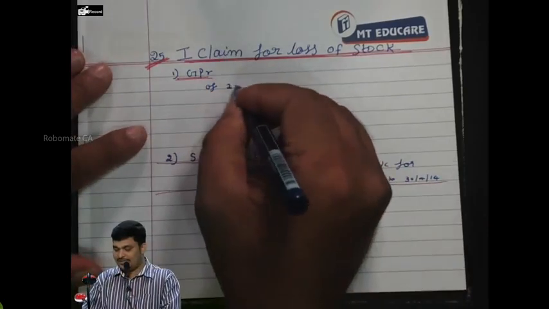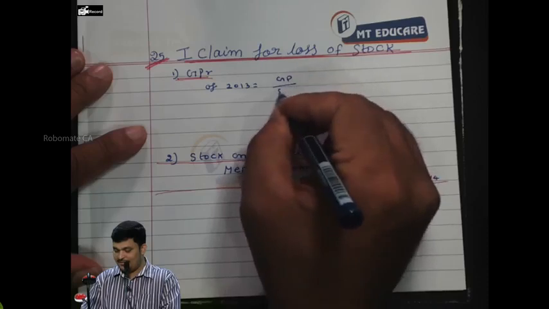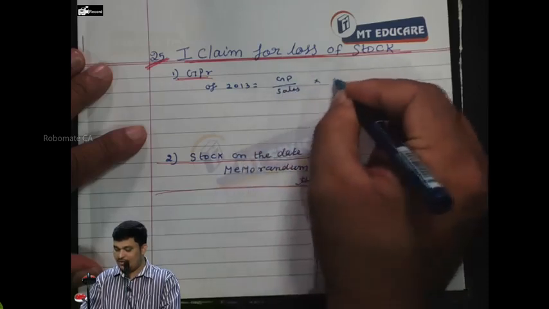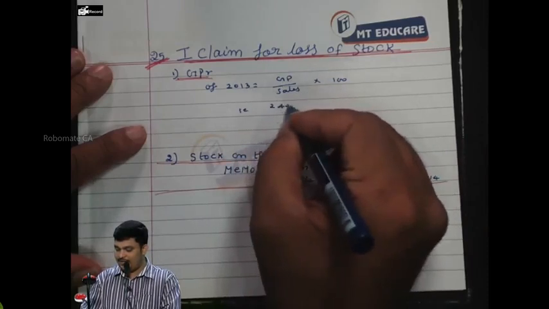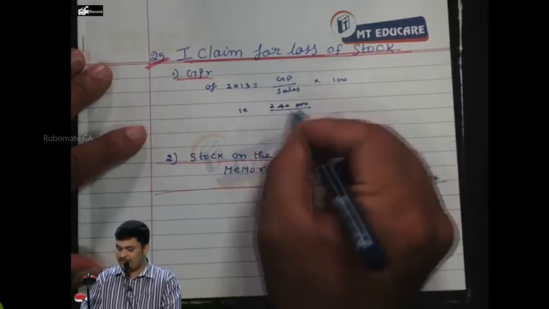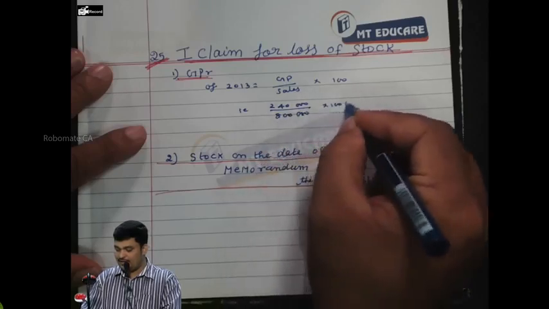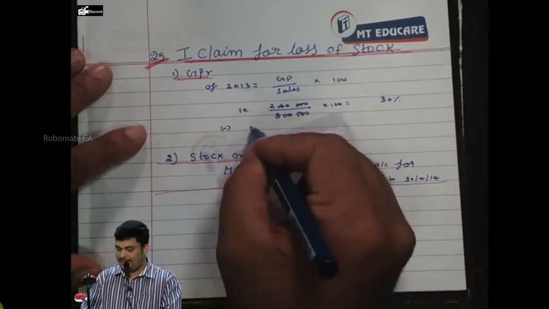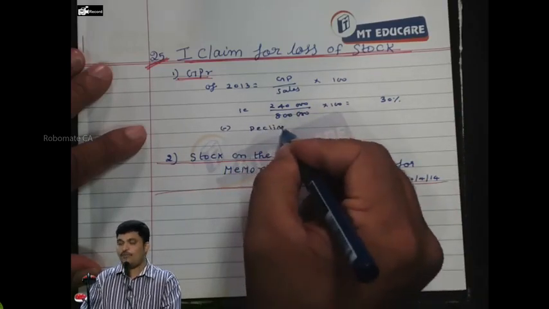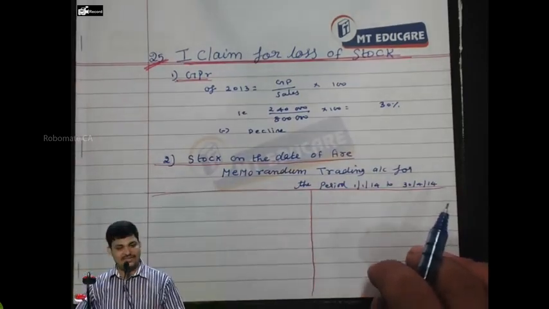Of 2013, gross profit by sales into 100, that is 2,40,000 by 8 lakhs into 100, 30%. Minus decline. What happened in 2014 means wages increased.